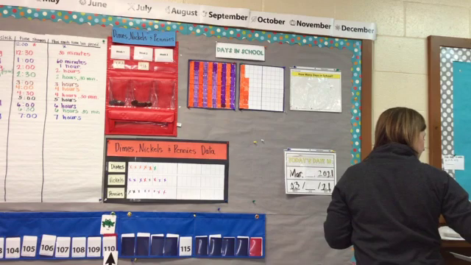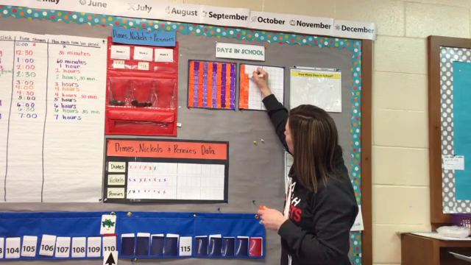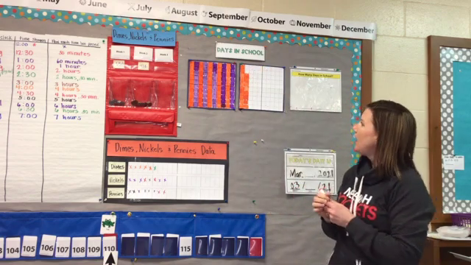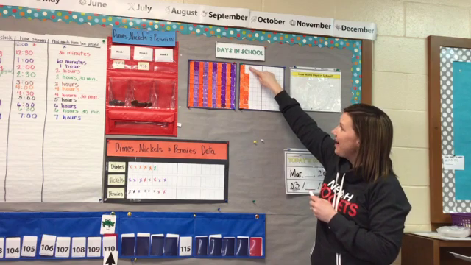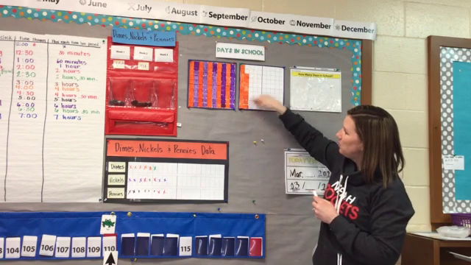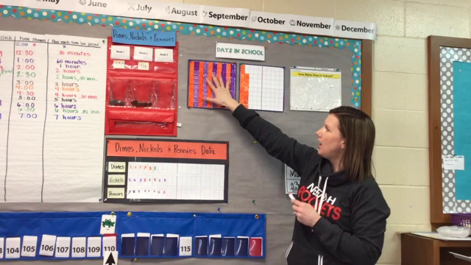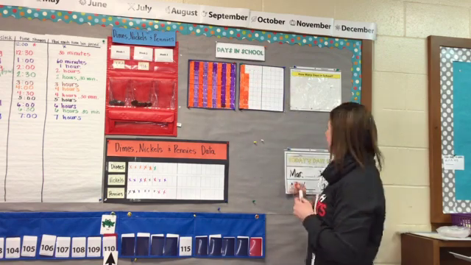All right, let's add for another day in school. Look at that. How many more days until we reach 120? 2. Yeah. And I know that 2 less in this 10 group is 8. So we have been in school for 118 days.